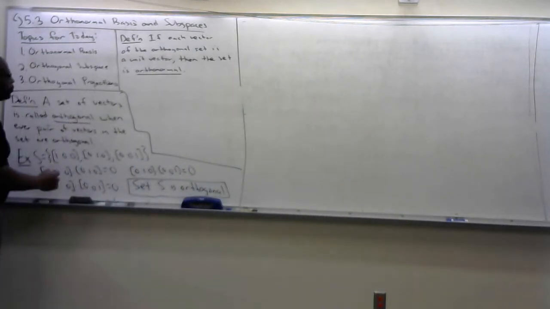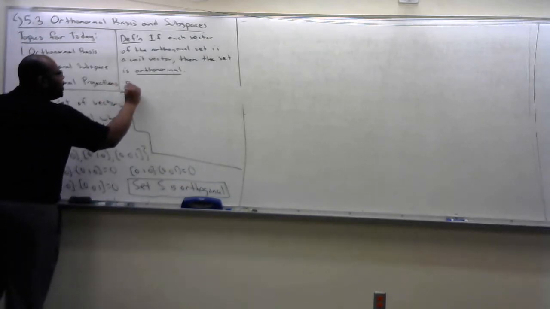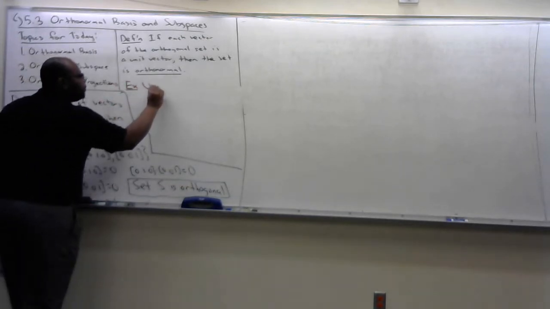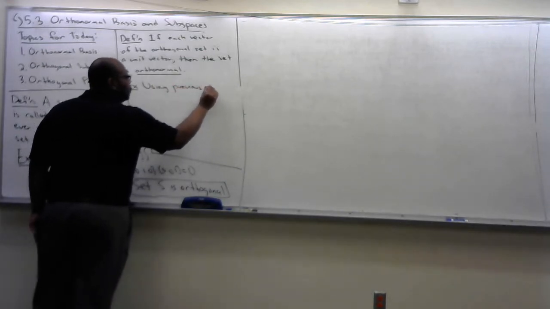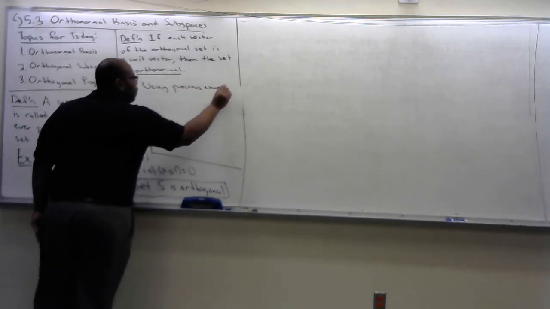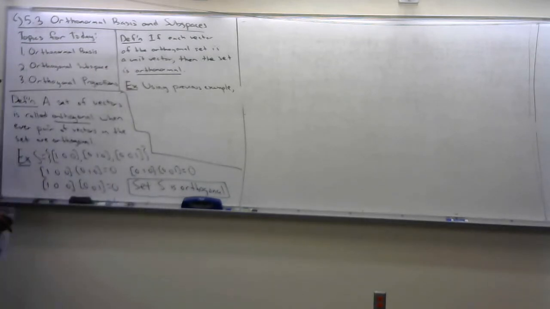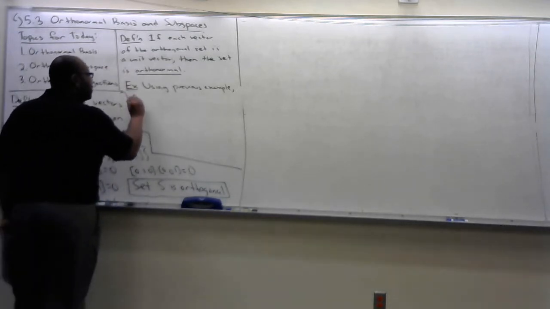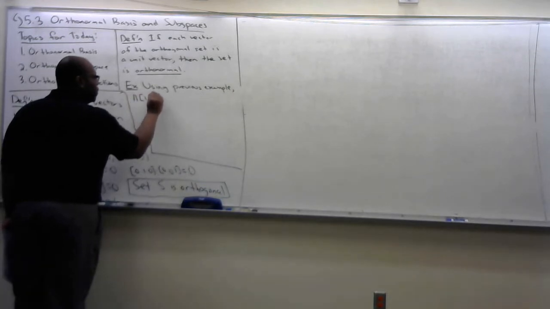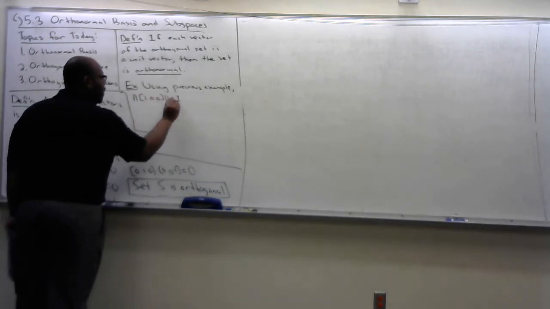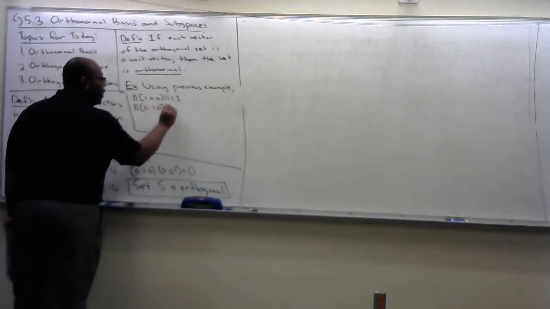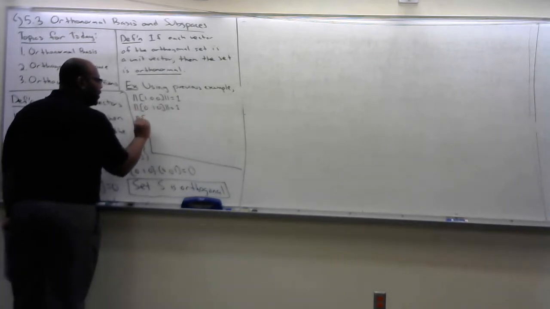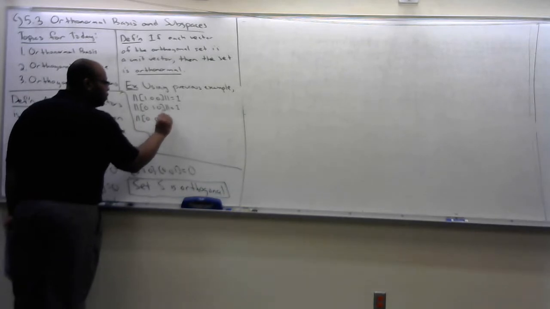If I look at each one of these vectors using the previous example, the magnitude of this vector is 1, the magnitude of this vector is also 1, and the magnitude of the last vector is also 1.